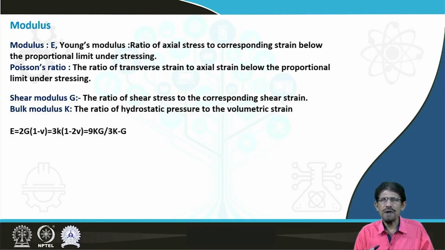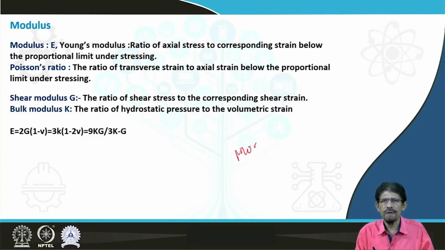It means it is the ratio of axial stress to the corresponding strain below the proportional limit under stressing. What is the proportional limit? Proportional limit means within the elastic region, not beyond the elastic region. Therefore, the Young modulus in our study we recognize as the modulus of elasticity.